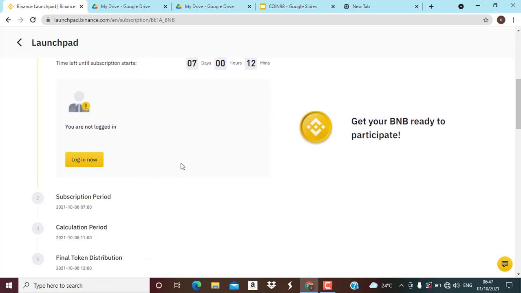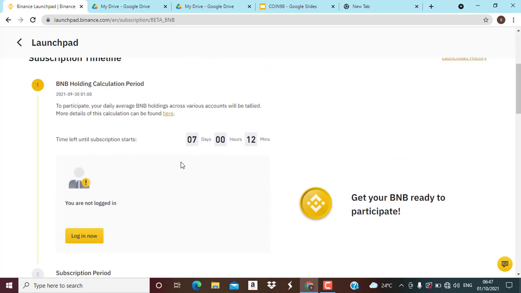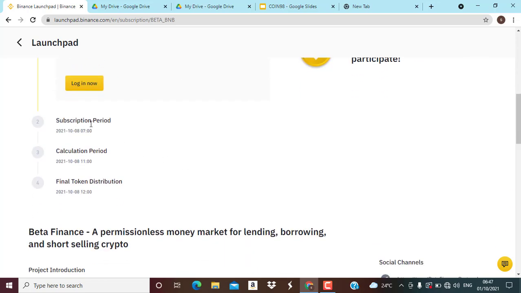Then after the calculation period, you will have the subscription period, the calculation period initiated, and then the final token distribution. Now this final token distribution happens in a very short while. All this, the subscription period, the calculation period, and the final token distribution, will happen in the space of about 5 to 6 hours.